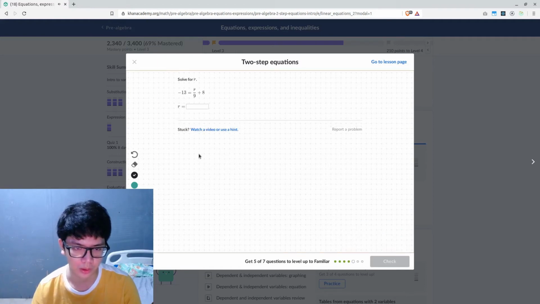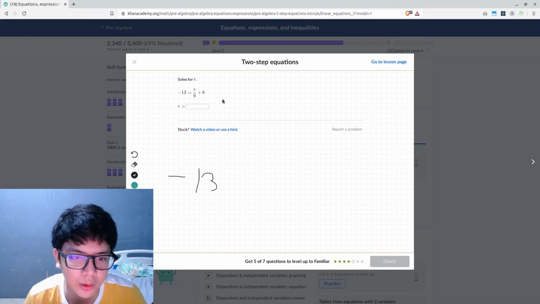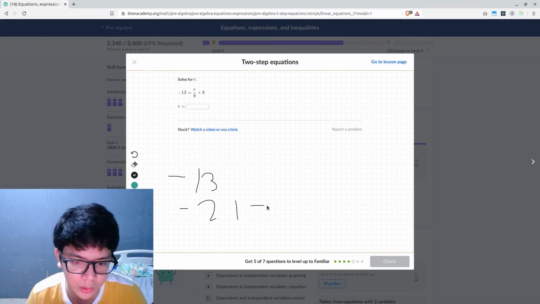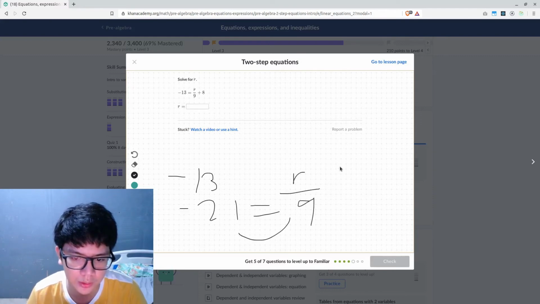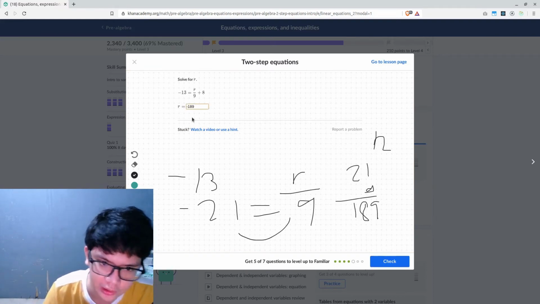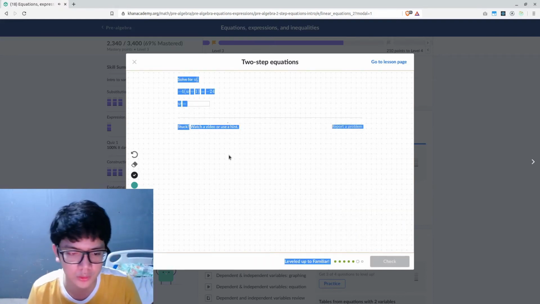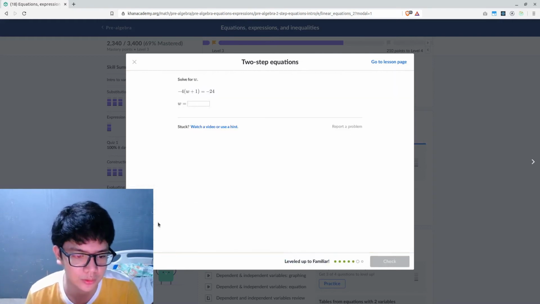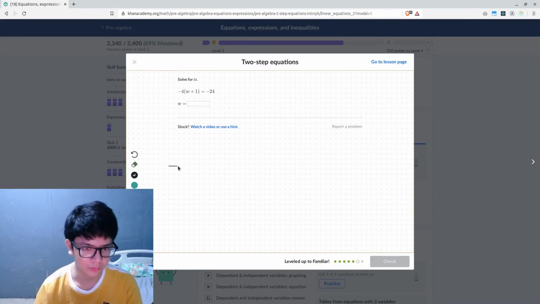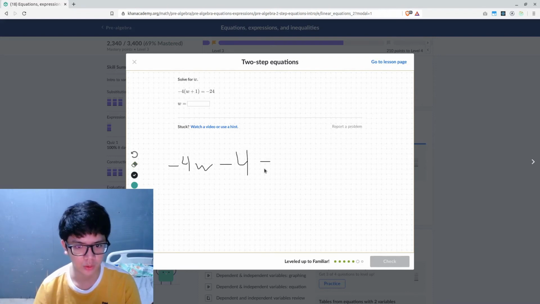Solve for r. Solve for w. Okay, so I have negative 4w minus 4 equals negative 24.